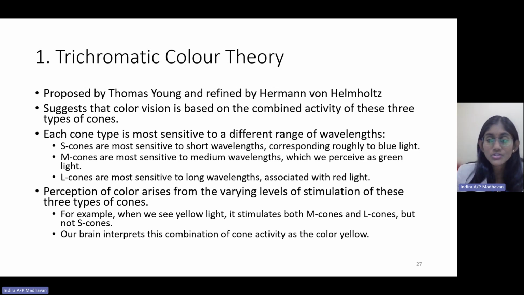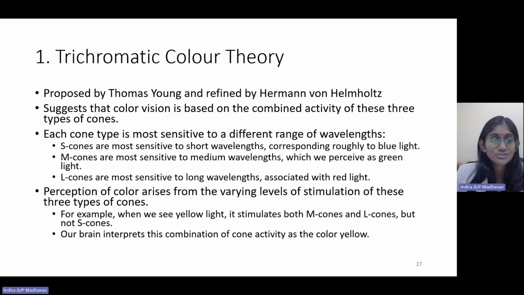So these are the three types of cones based on trichromatic theory. Each cone is sensitive to a different wavelength of light: the S cone to shorter, the M cone to medium, while the L cone is sensitive to longer wavelengths, which is more like a reddish color.